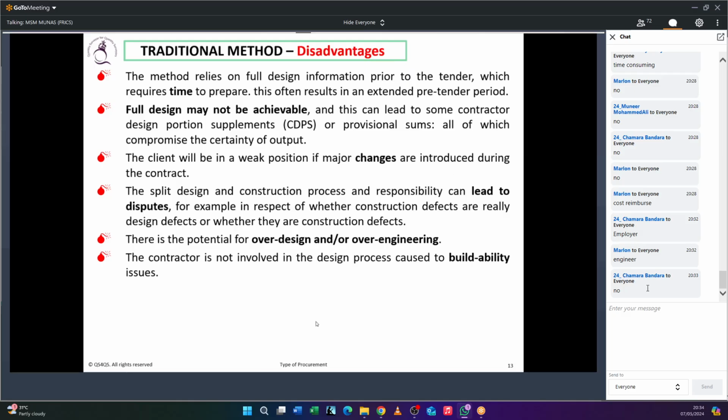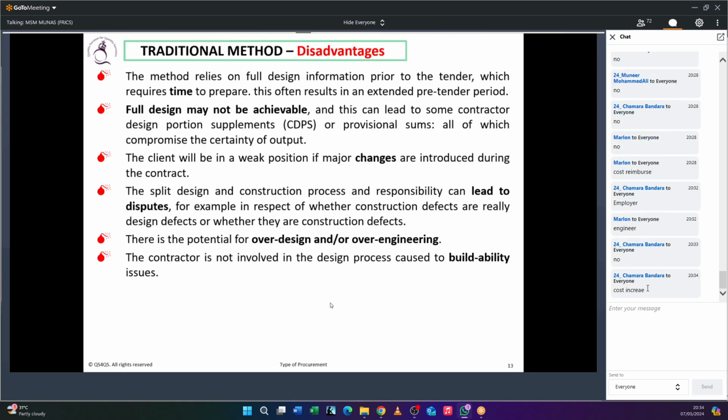It's going to change the project time and cost. And the client is responsible for the design and the design team's performance. So any failure with the design team, the client must take care of that.